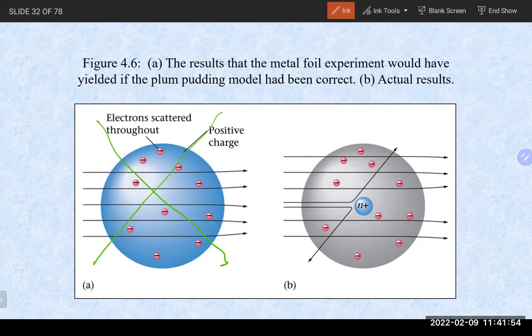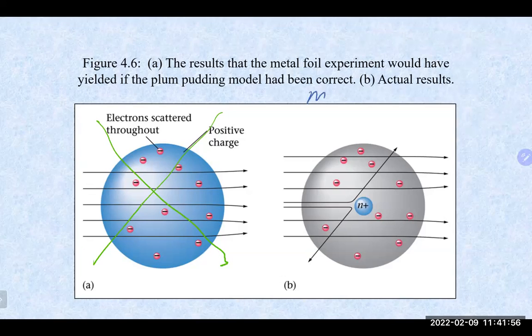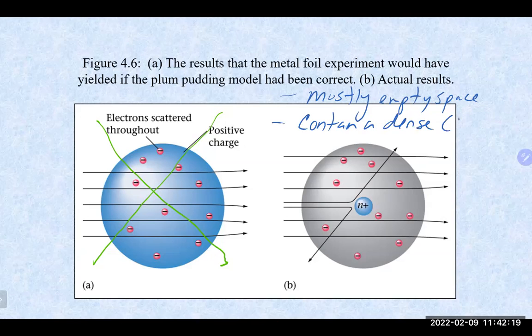So basically what they said was the atom was mostly empty space, like we see here. So that gray area is mostly empty space. That accounted for, again, why the alpha particles went through with no deflection. They also said that it had to contain a dense positive core, and that is what we now call the nucleus, which is this guy right here.